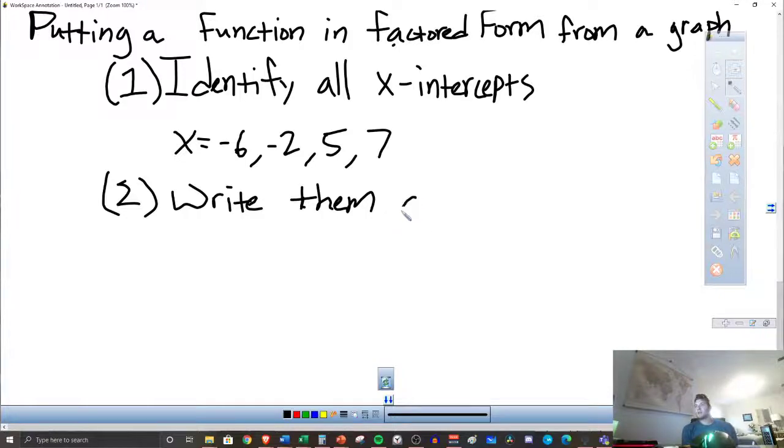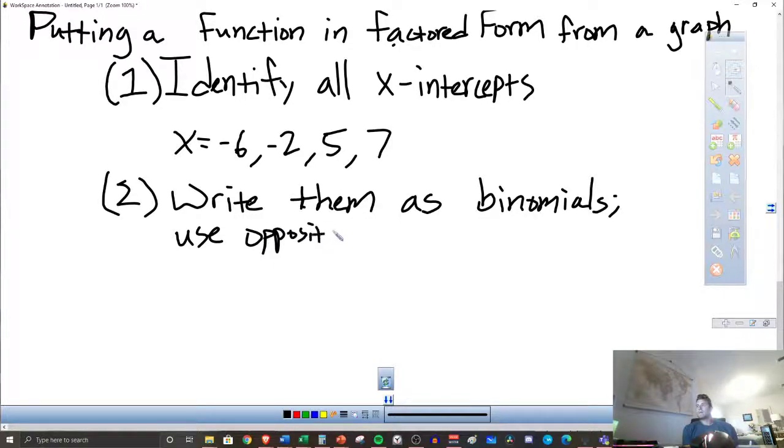Step 2, we're going to write them as binomials. Next part is very important. You want to use opposite signs. Something we can elaborate on further down the road.